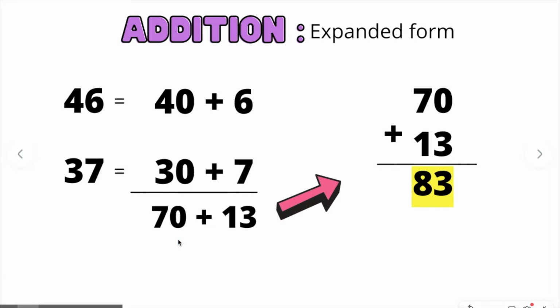Then you bring these numbers over here, show it vertically, and add the vertical way. So you add the ones: 0 plus 3 is 3, 7 plus 1 is 8. So the answer still is 83, but this was a different approach.